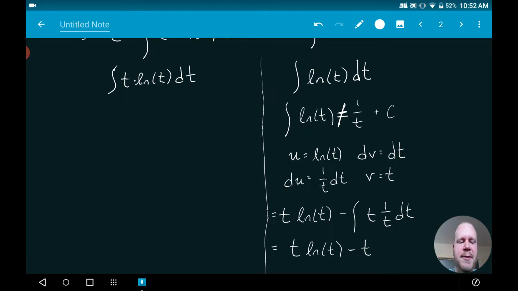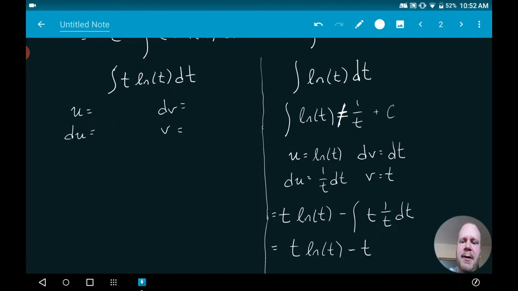Like I said, not a u substitution, and we're going to need to do integration by parts. There's not immediately a great choice for dv here.